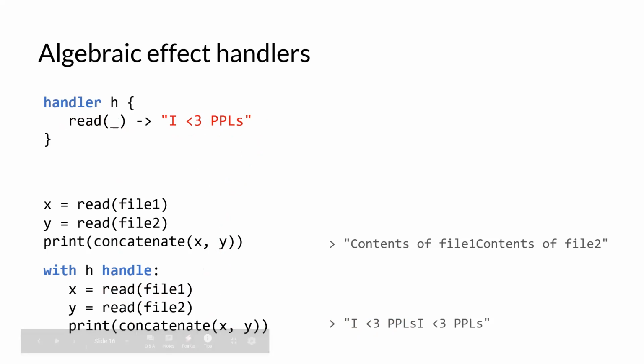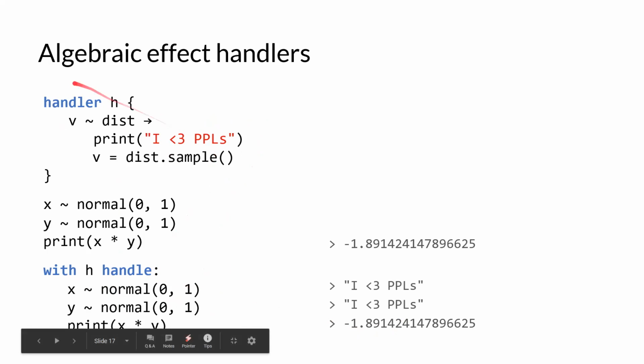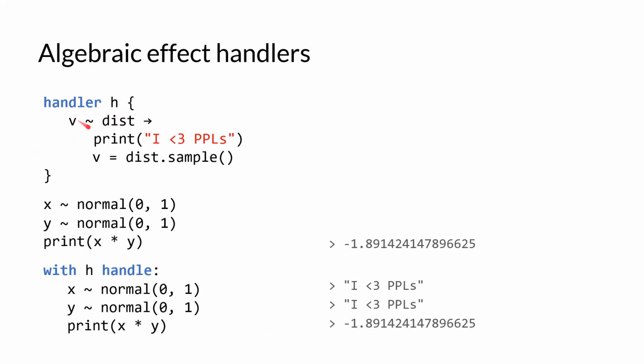In effect handling based probabilistic programming, we use handlers to define the behavior of the sample operator. So here we say that the handler H is going to take a statement like this, V sampled from some distribution, and it's going to define a new meaning of this statement.